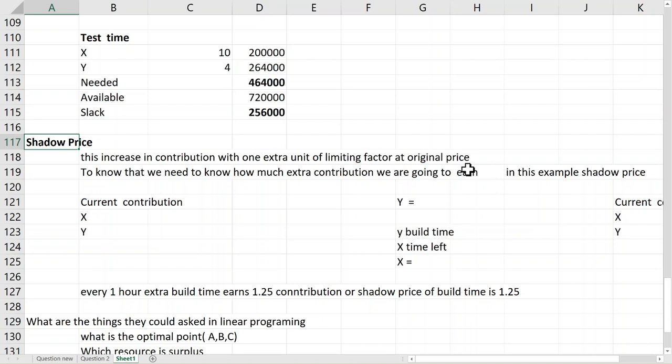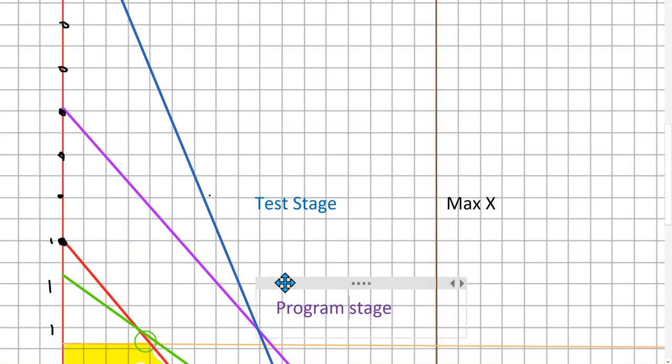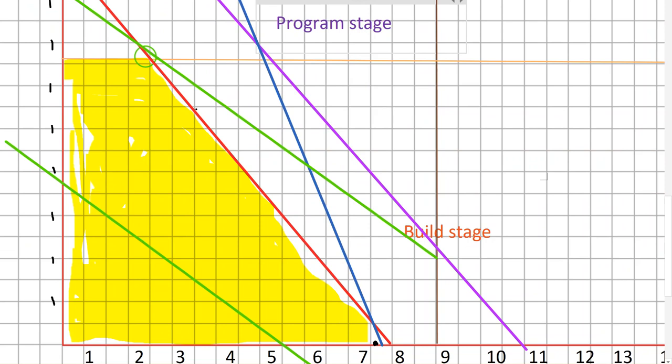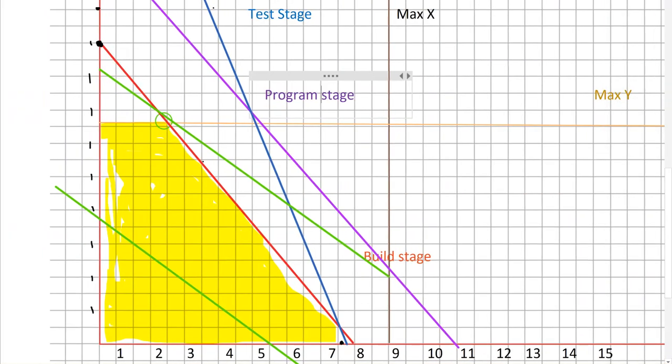Remember, for the program and test stage, there is no benefit of obtaining them extra because they are already more than we require at the optimal point. So shadow price will only be calculated here for the build stage, meaning the increase in contribution of one extra unit of build time.